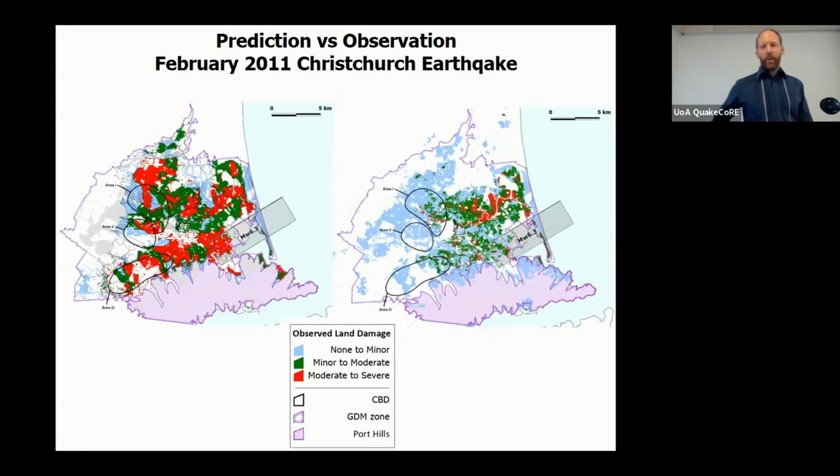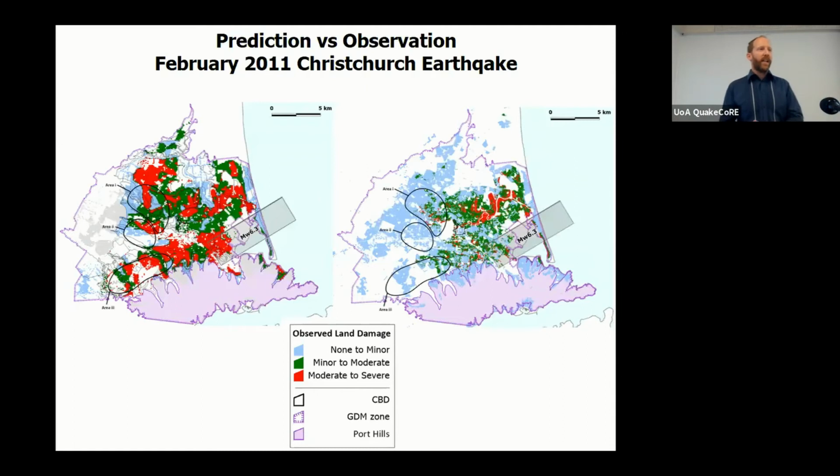Now if we compare the predictions for the February 2011 Christchurch earthquake, much higher shaking intensity, a bit smaller magnitude, with the actual observations of where liquefaction occurred, once again we see an over-prediction tendency, but it's not as big as compared to the September 2010 earthquake, where the shaking intensities were lower.